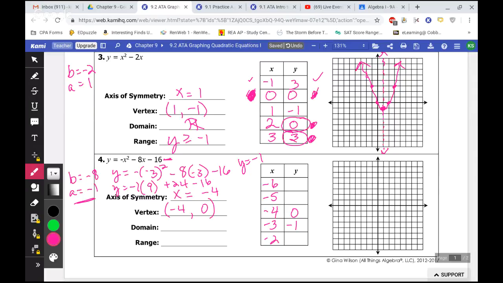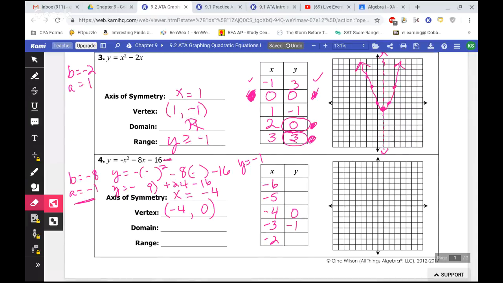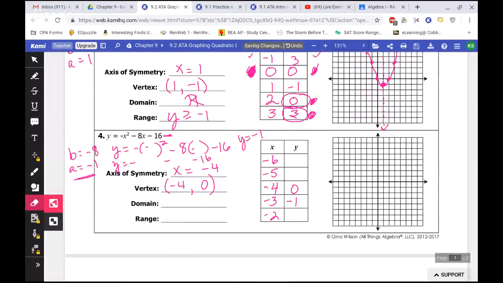And now I'm going to plug negative 2 back into my original equation to find the y coordinate for negative 2. Negative 2 squared is a positive 4.